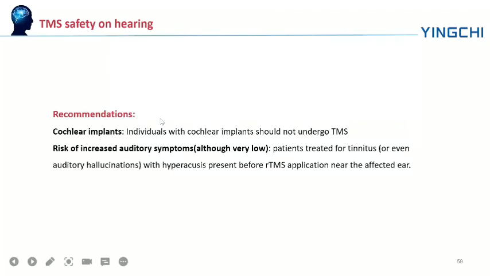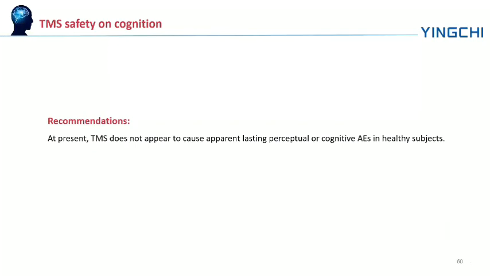And the risk of increased auditory symptoms, although it is very low, is present for patients treated for tinnitus with rTMS application near the affected ear. So it may need special protection. So on cognition, at present, TMS does not appear to cause apparent lasting perceptual or cognitive AEs in healthy subjects.